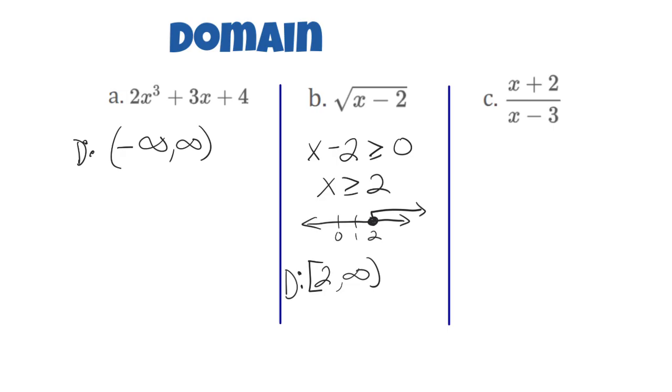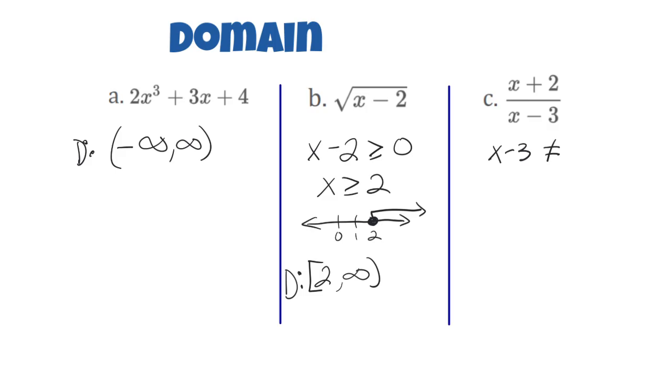But C is where we're really focusing today. We're looking at rational expressions. And think about this for a minute. Do you remember, what do you not want to have happen in a fraction? Right? You do not want your denominator to ever end up being 0. So I would say, again, you might be able to do this in your head. I'm just showing you how you would do it if it wasn't this easy.